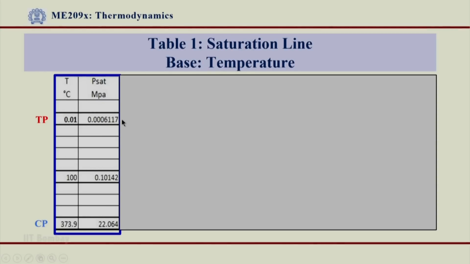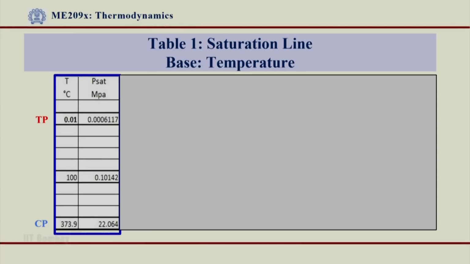So, this is a saturation pressure at this temperature, and therefore, this is what we call Psat at T, given in MPa. This is the only difference between table 1 and table 2. Table 1 has temperature as a base, and corresponding to this temperature on the LV line what we get is the Psat at T value.